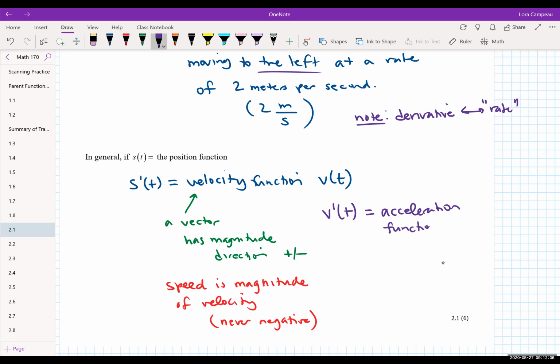So there are a lot of connections between position, velocity, acceleration, as well as speed. We're going to revisit that a little later with more computations, but this should get you situated for section 2.1. We'll see you in 2.2.